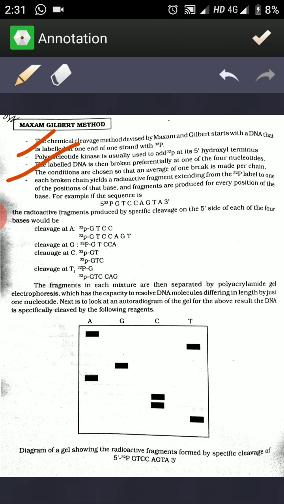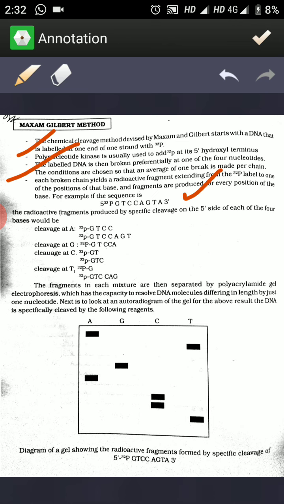For example, if the sequence of a DNA segment is guanine, thymine, cytosine, cytosine, adenine, guanine, thymine, adenine, 5' to 3', then the radioactive fragments produced by specific cleavage on the 5' side of each of the 4 bases would be as follows.